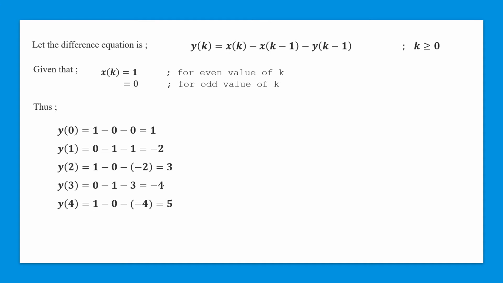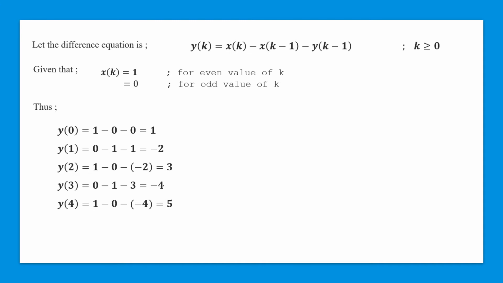Now if we assume that x(k) is equal to 1 for even values of k and x(k) is equal to 0 for odd values of k, we can easily find the value of y(k) by putting in different values of k.